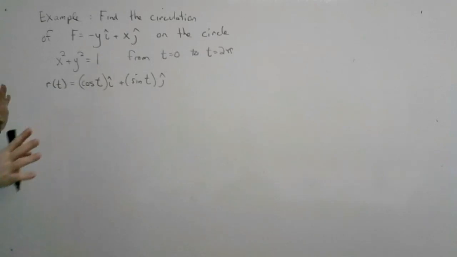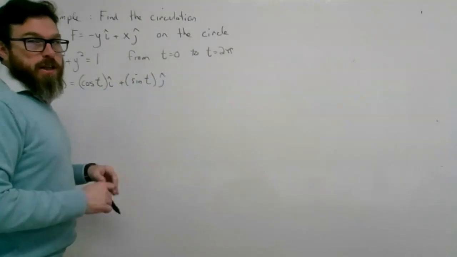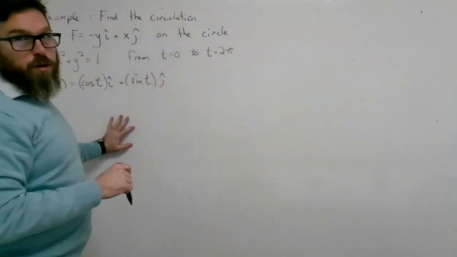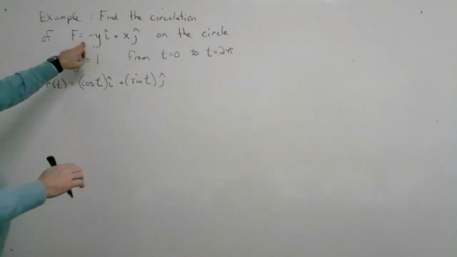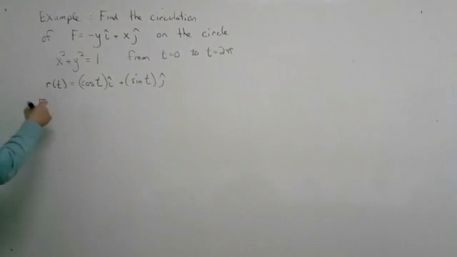So again, they were nice enough to give us the t values, and we can see that it's a circulation, because as I go from 0 to 2 pi, it runs right back into itself. So again, I have to define F at r. So what is F at the curve? Remember, this is the same thing as the curve r.